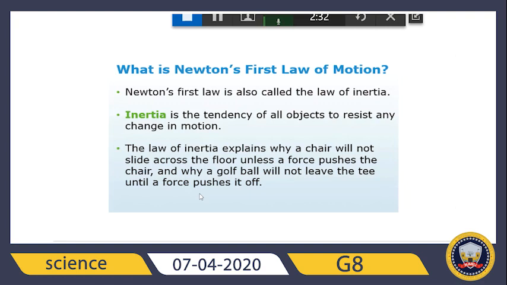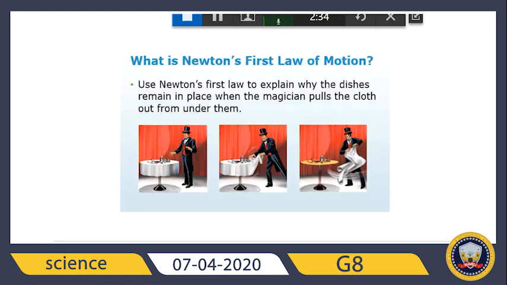According to that, guys, let us try to answer the following question. Use Newton's first law to explain why the dishes remain in place when the magician pulls the cloth out from under them, as you can see here. Inertia causes the plates to remain in place.